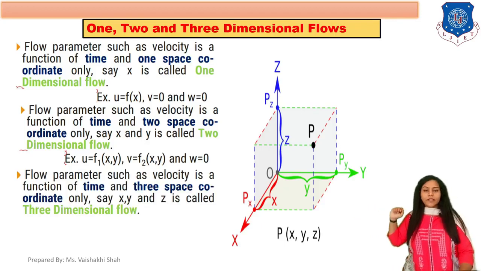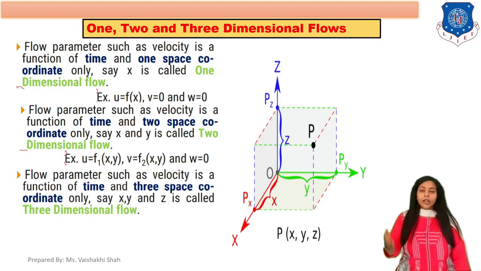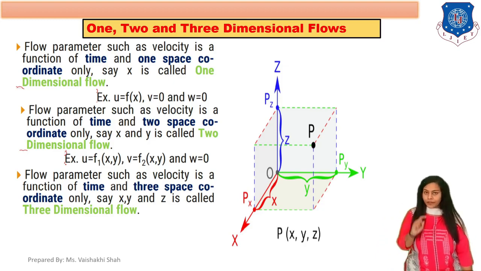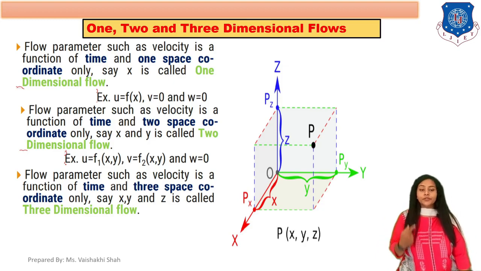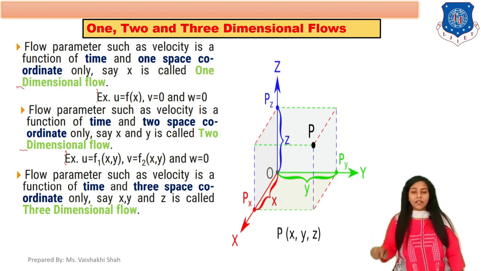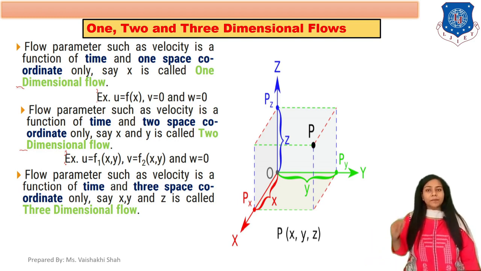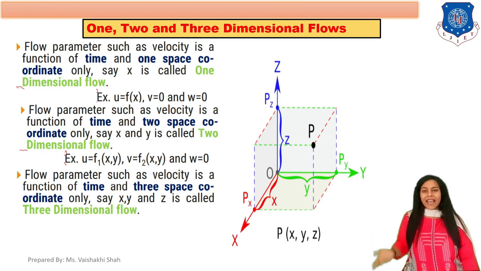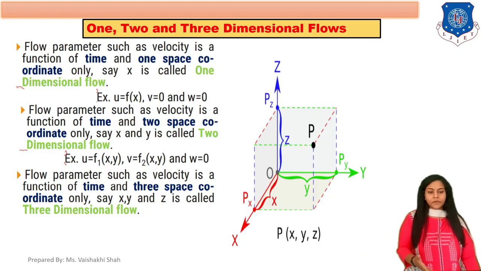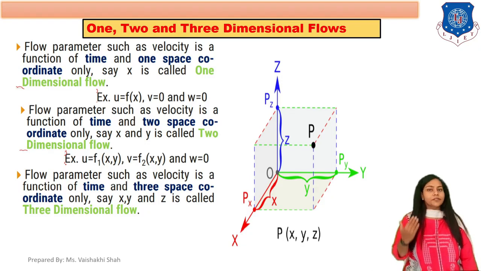Now the same for three-dimensional flow: the velocity is a function of time and three space coordinates, say x, y and z. So it is called three-dimensional flow.